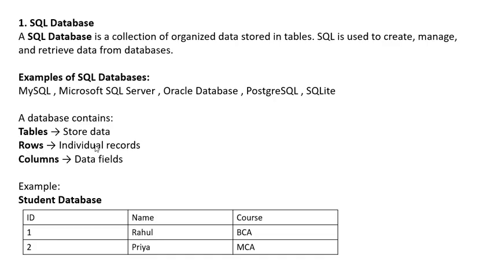A row is an individual record, so one row shows one individual record, like id 1, name Rahul, and Rahul's course is BCA. A column is a data field that holds a specific type of data: id is numeric data, name is string data, and course is also string data.